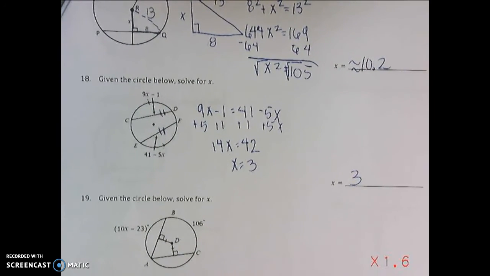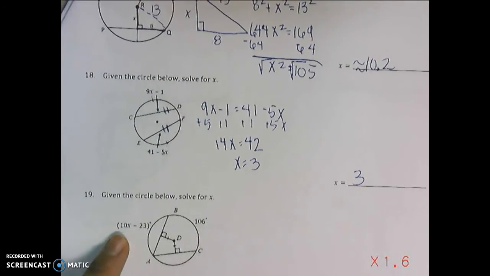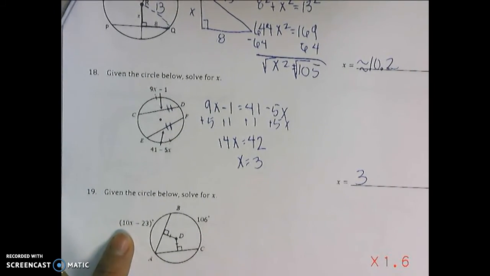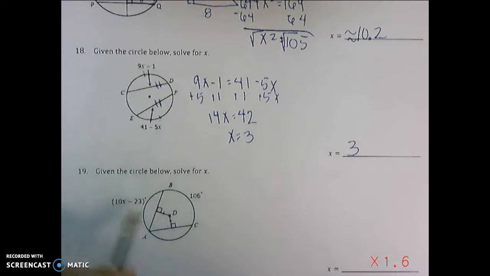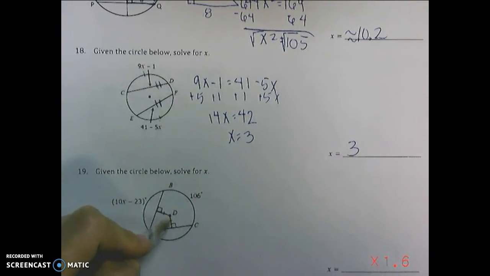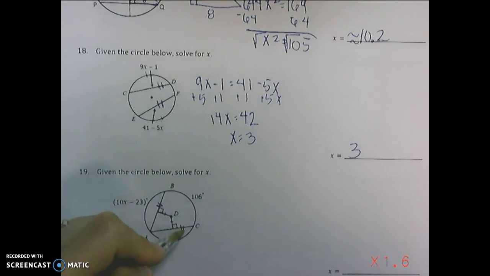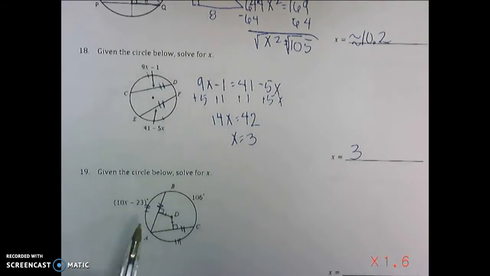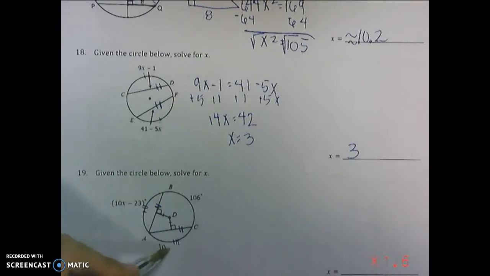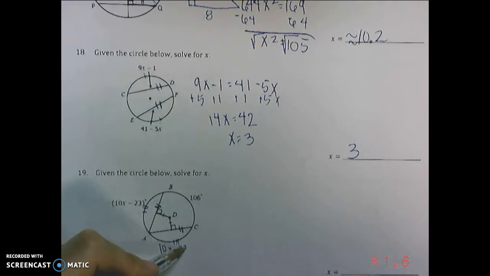Okie doke. So right here, it wants me to solve for x. There's a couple ways you can do this. Since I know that these are equidistant, these two chords are congruent, which means these two arcs are congruent. So this arc is 10x minus 23 as well.